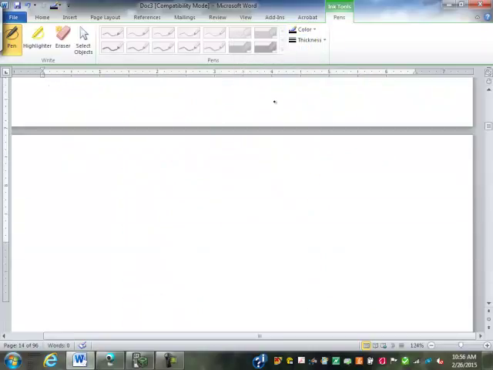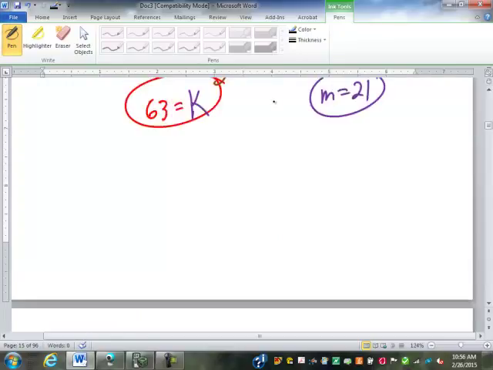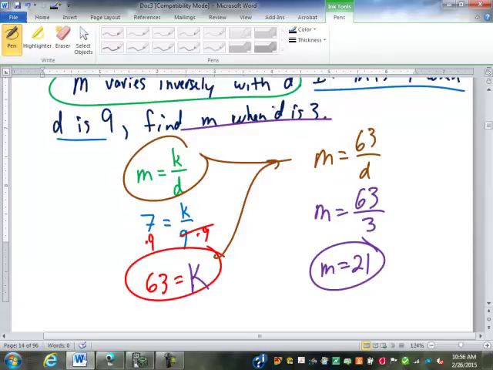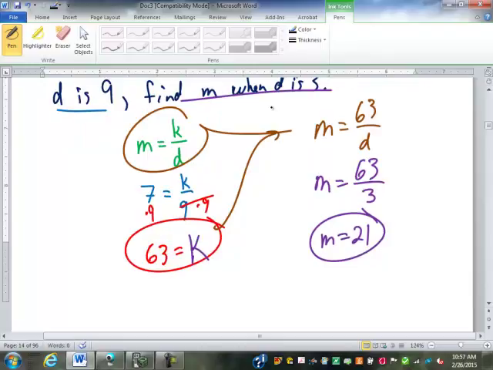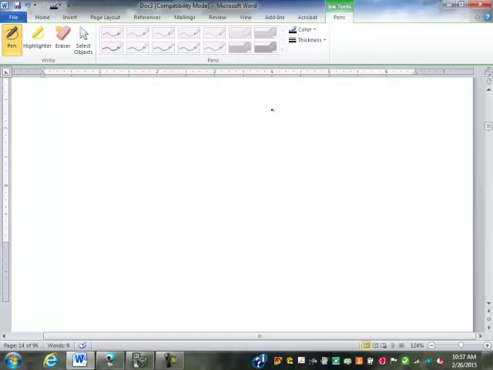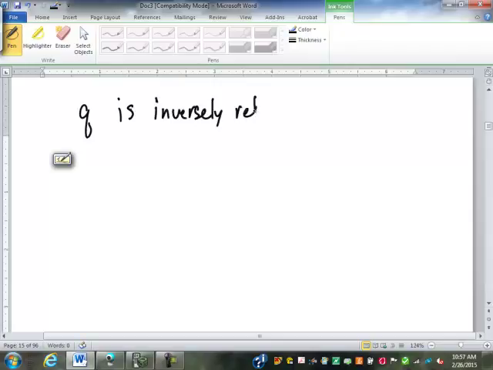What if you guys try one? Q is inversely related to the square of n.